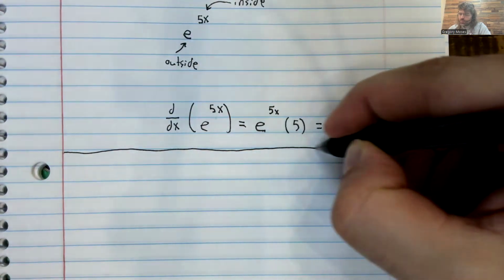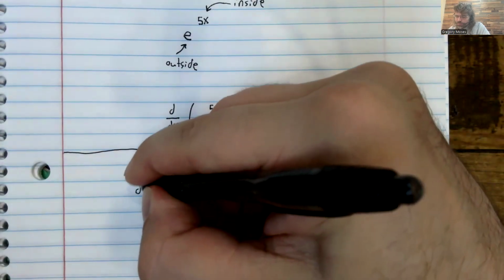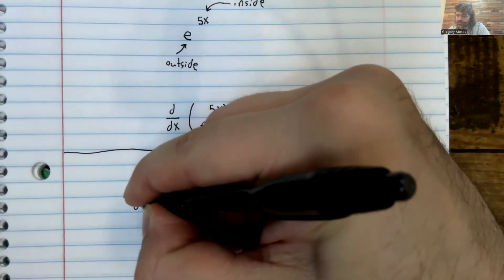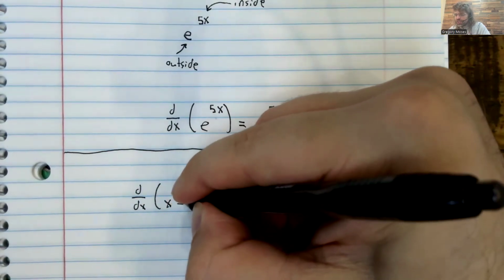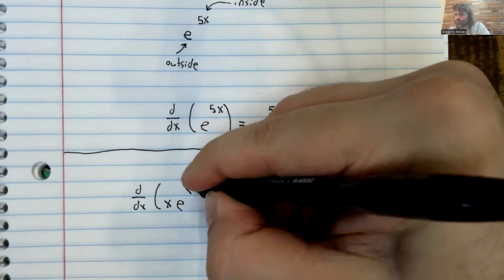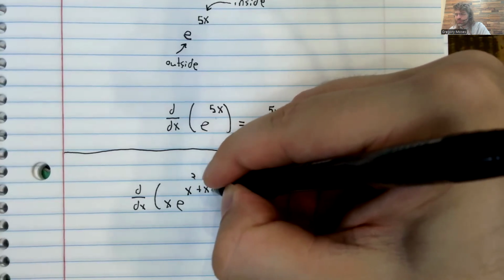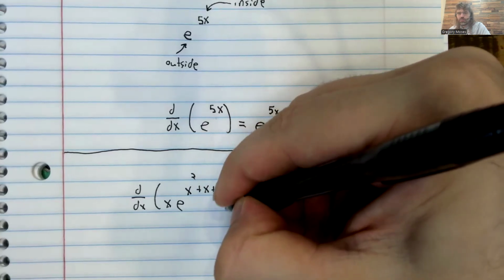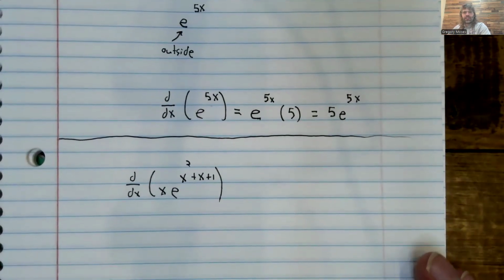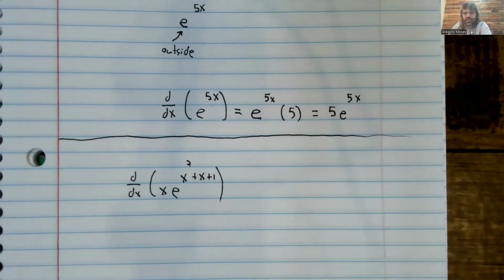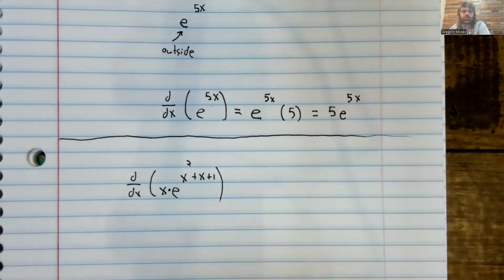A slightly more complicated example. Let's take the derivative of x times e to the quadratic x squared plus x plus 1. Although I've called this slightly more complicated, and it obviously is, it requires the product rule.